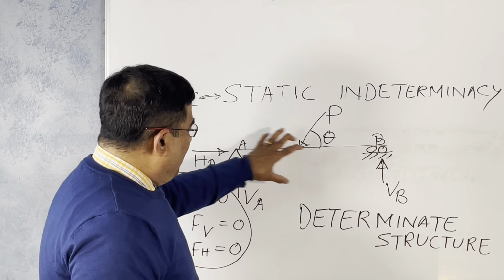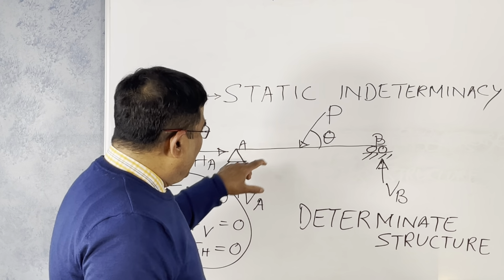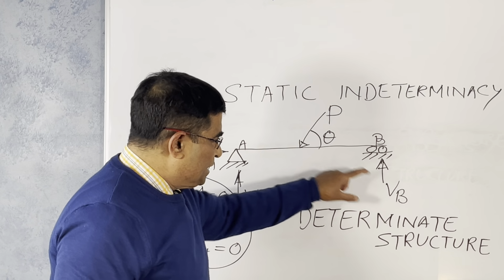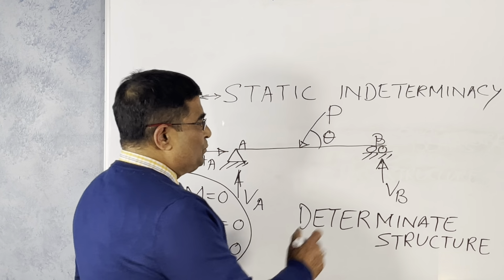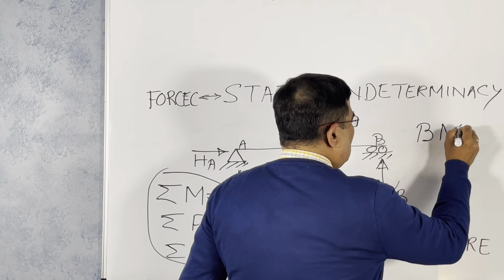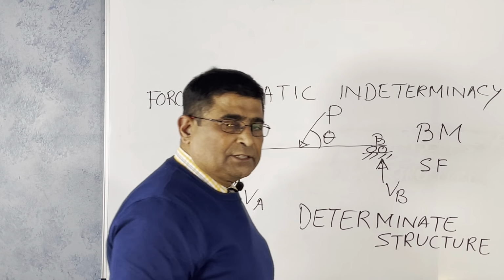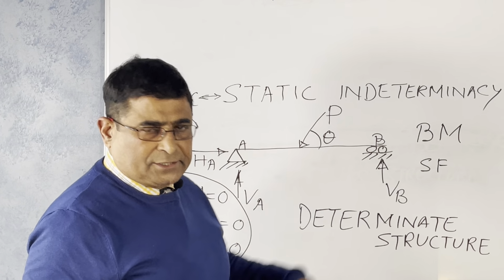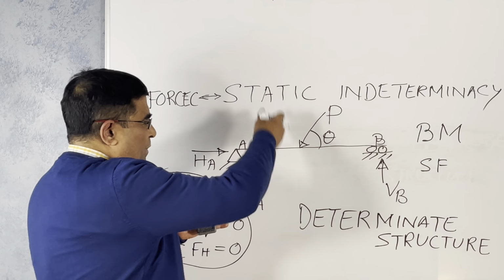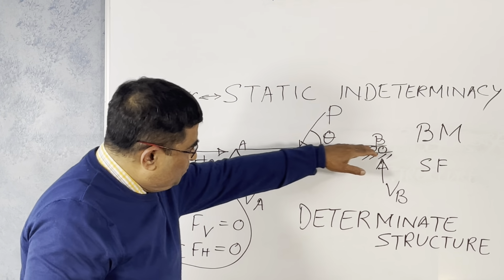In the beam, we can easily find out the bending moment and the shear force once we know these reactions. In a beam, always we have two forces, the bending moment and shear force. We discussed that in our last lecture or previous lectures. Shear force always acts as a vertical force transverse to the beam.